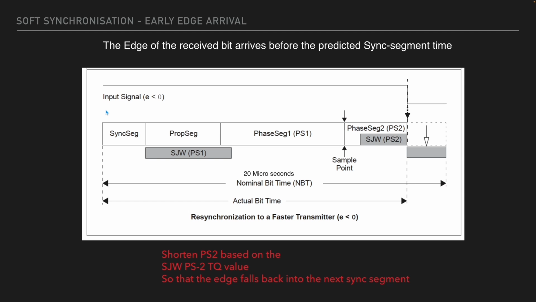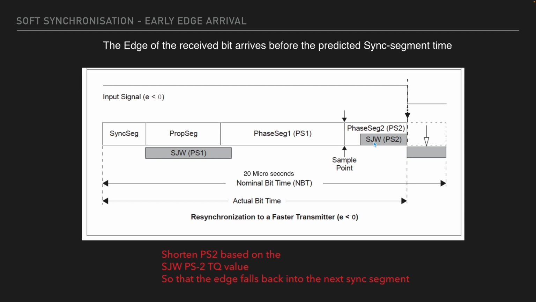But what if the transmitter is faster? So basically, we are too slow on the receiving side. In this case, our incoming bit edge will be way out to the right. It will be detected. But the problem now is that we need to advance our clock. We need to speed up our clock basically to make sure that this edge is going to fall back in the next sync segment.